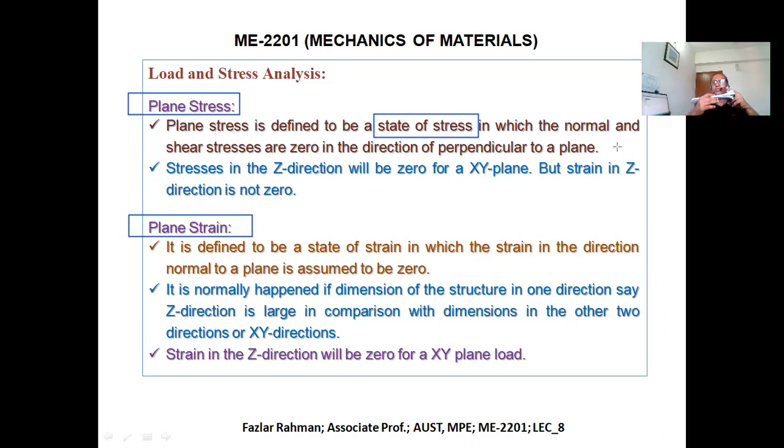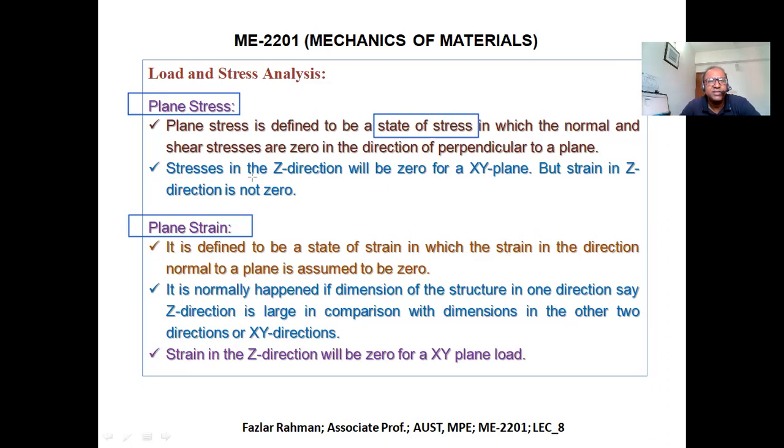If this is the x-axis, this is the y-axis, and vertically the z-axis, that means I am not applying any force along the z-axis. All the force works only in the xy plane. This type of situation we call plane stress, because all the force is working in one plane, and perpendicular to this plane, in the z-axis, there is no stress.